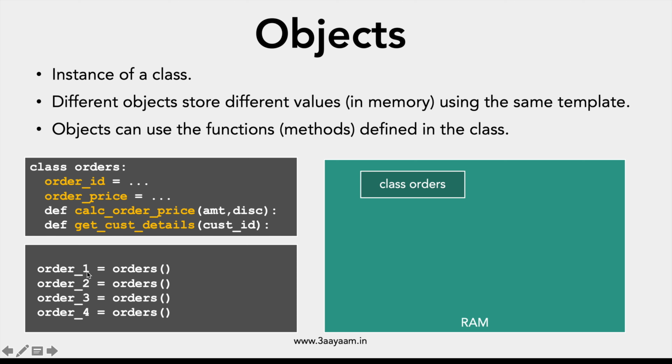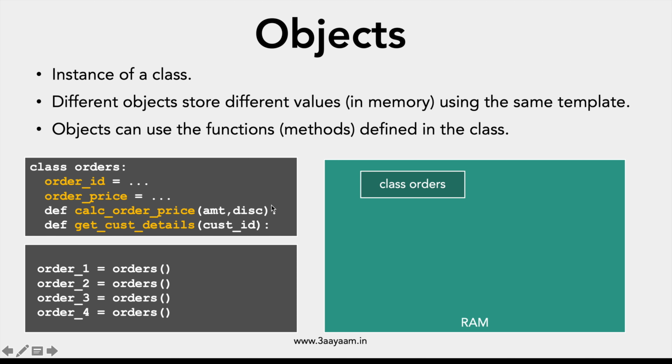Order 2 is another object, another instance of the orders class, order 3 is another instance, and order 4 is the same. Of course, I have not shown you passing variables here. We'll discuss that shortly, but let's make the concepts clear first.